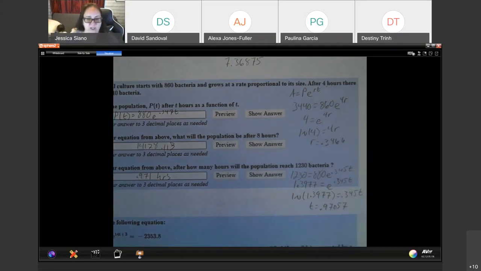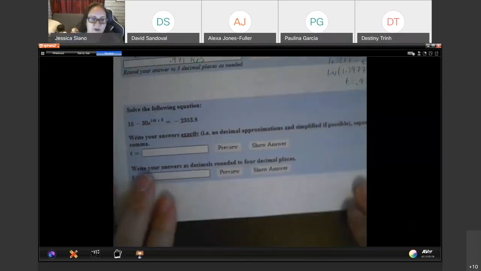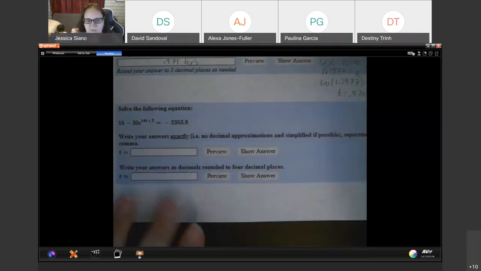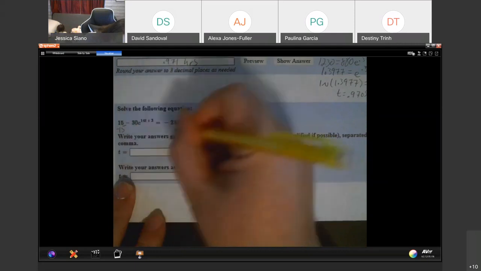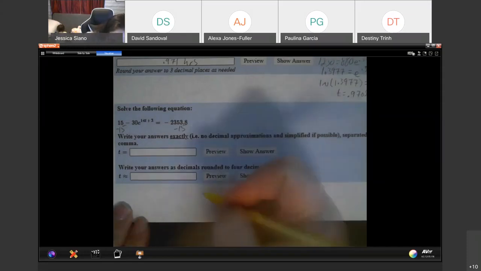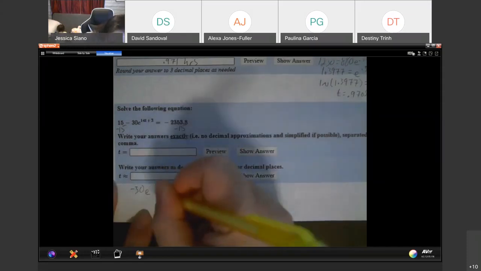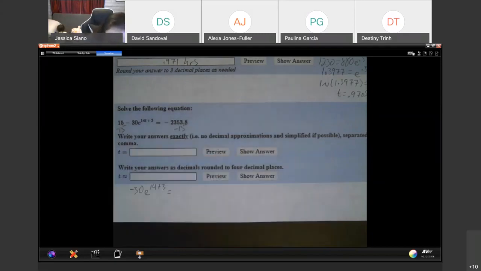Solve the following equation. As I know I've mentioned, anytime you have an exponent in a variable, you're going to need to turn this into a log. So first we have to isolate the e. So we wind up with negative 30e to the 14t plus 3 equals 53.8.